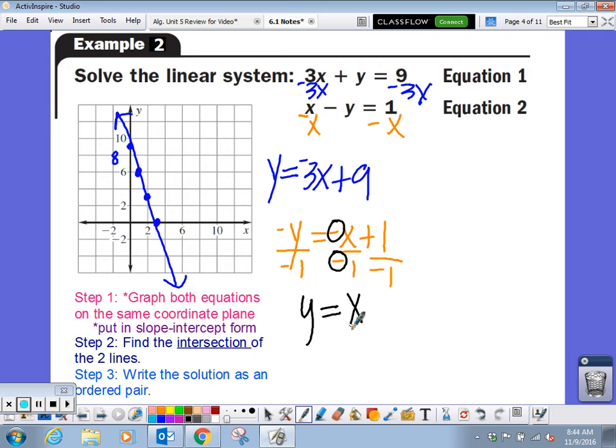And then 1 divided by -1 is -1. So I'm going to go over to my graph. I'm going to start at -1, which again, these are going by 2, so be careful there. And then I'm going to go up 1 over 1. So it's like half a block for each one. So up 1 over 1, up 1 over 1, up 1 over 1.